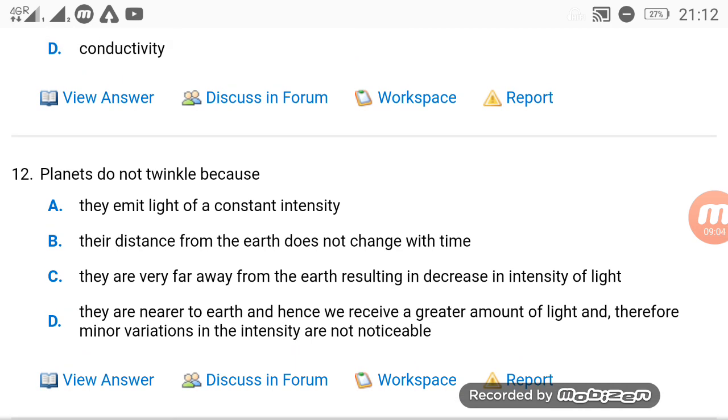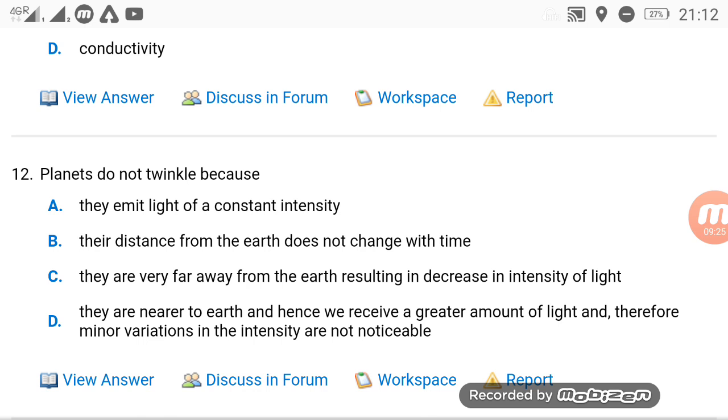Here the last question is: planets do not twinkle because, option A, they emit light of constant intensity. Option B, their distance from the earth does not change with time. Option C, they are very far away from the earth, resulting in a decrease in the intensity of light.